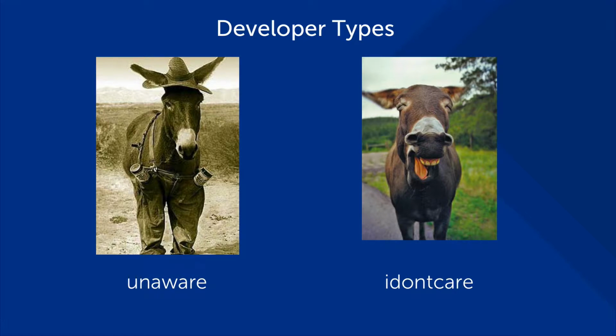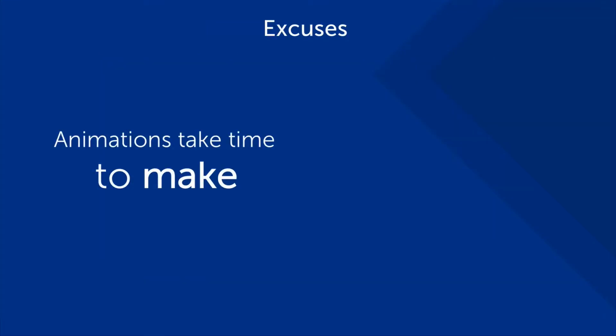And the second group, we come up with excuses. These are the excuses we have. So animations in interfaces take up valuable time to implement. When you're building a product, it's not what's important, right? You've heard this before. Well, of course it's going to take time to implement animations well, but it also makes a huge difference.